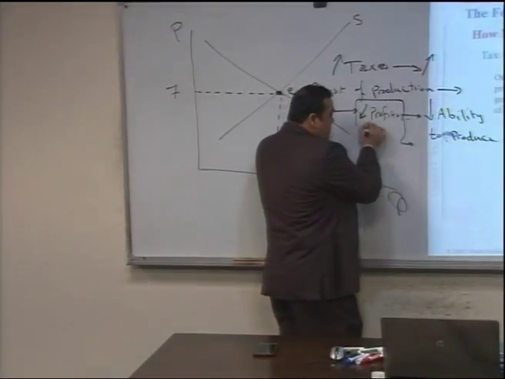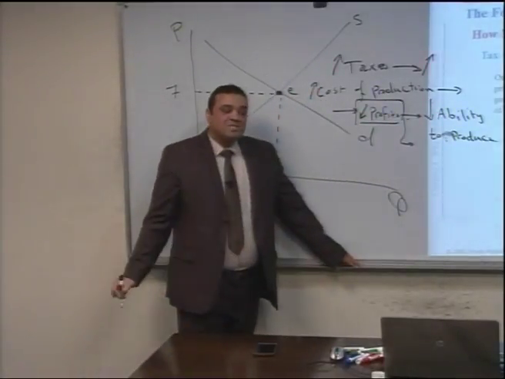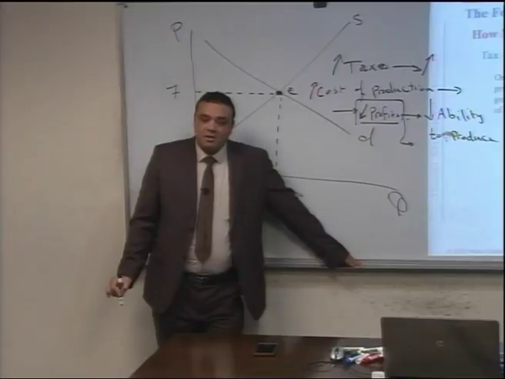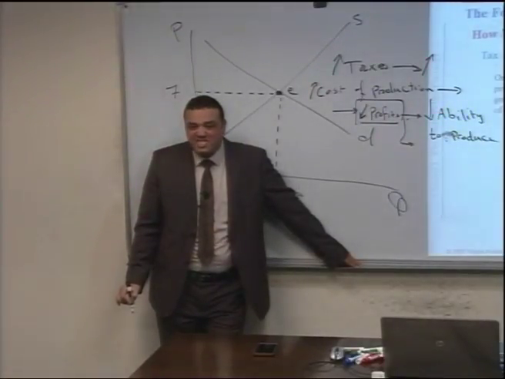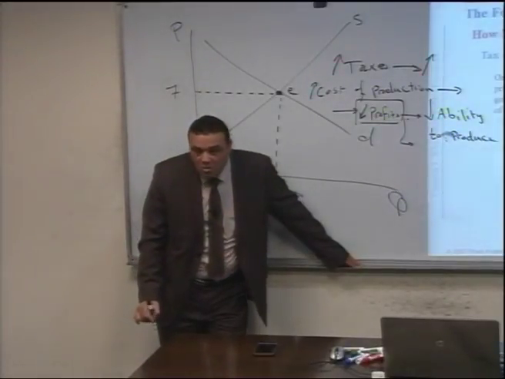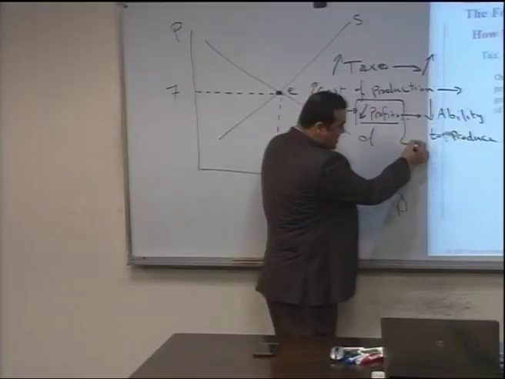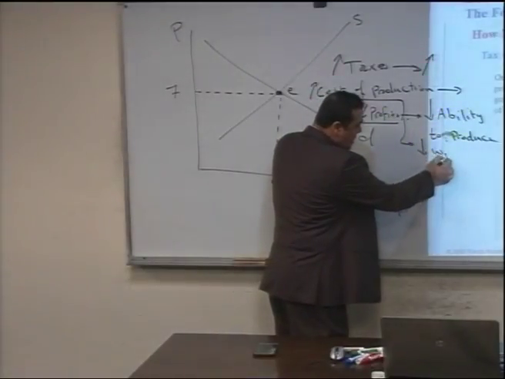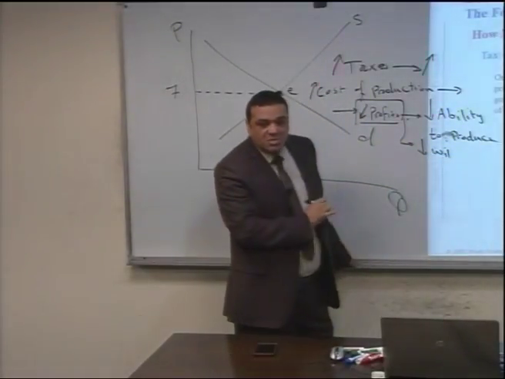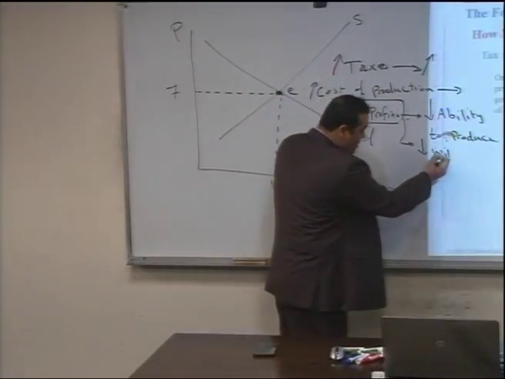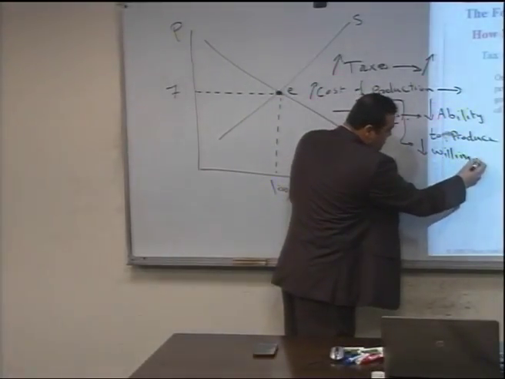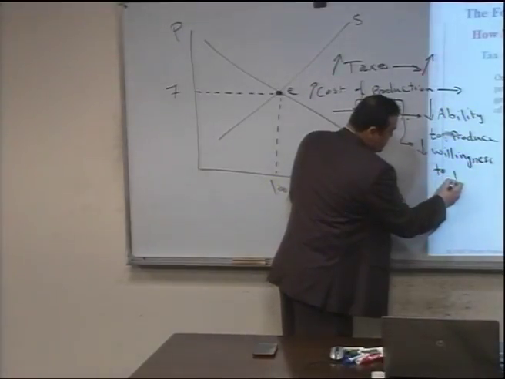At the same time, as the profit goes down, the producer will decide to decrease their production. So the willingness to produce will decline. This leads to a decrease in the willingness or desire to produce more cigarettes because the profits go down.